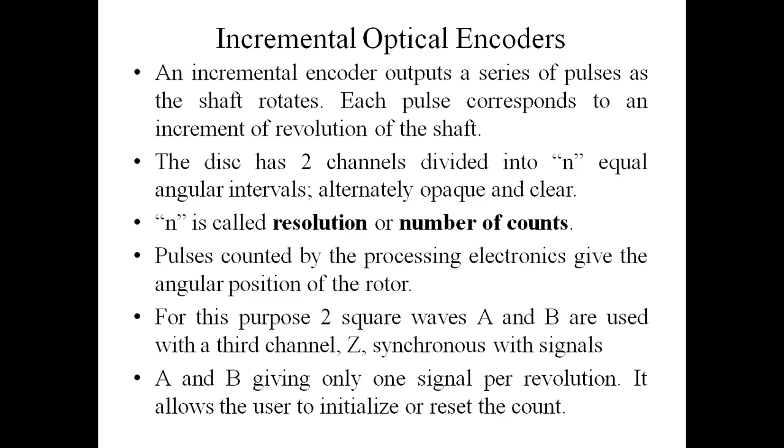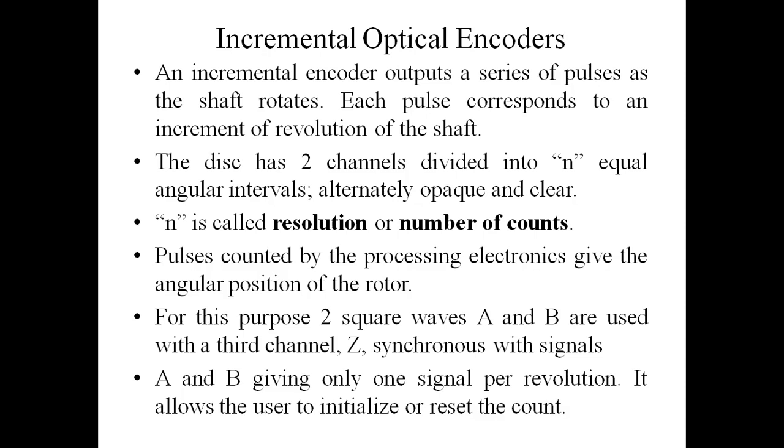Incremental optical encoders. The output of an incremental encoder contains a series of pulses when the shaft rotates, and each pulse corresponds to an increment of revolution of the shaft. The disk is divided into n equal angular intervals, alternately opaque and clear, where n is called the resolution or number of counts.